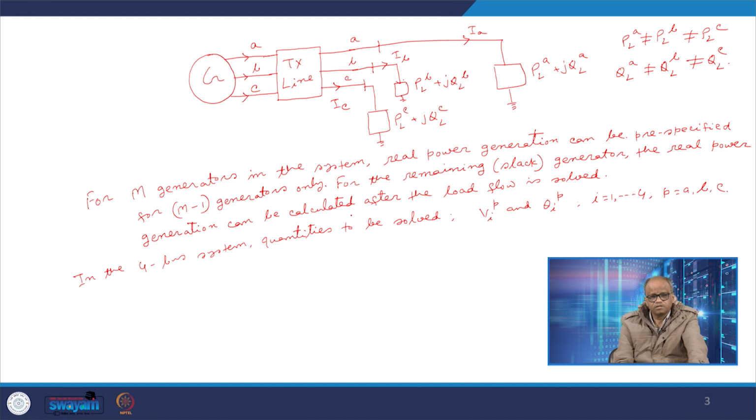Because of the flow of this unbalanced current through this transmission line, the voltage drop in the transmission line will also be unbalanced. Unbalanced means they are not the same in magnitude and angle.